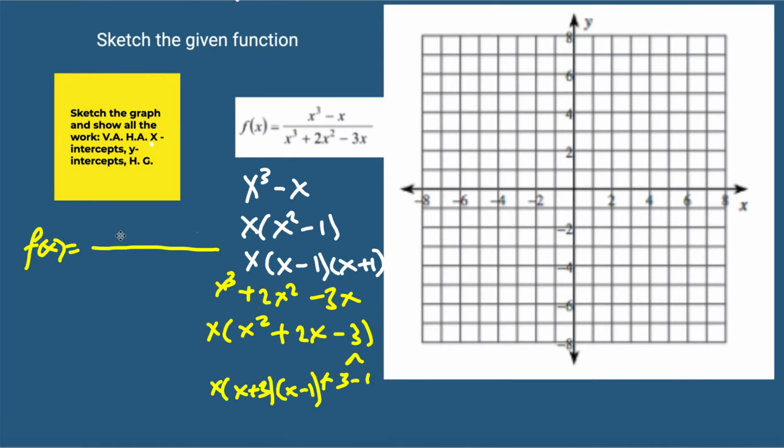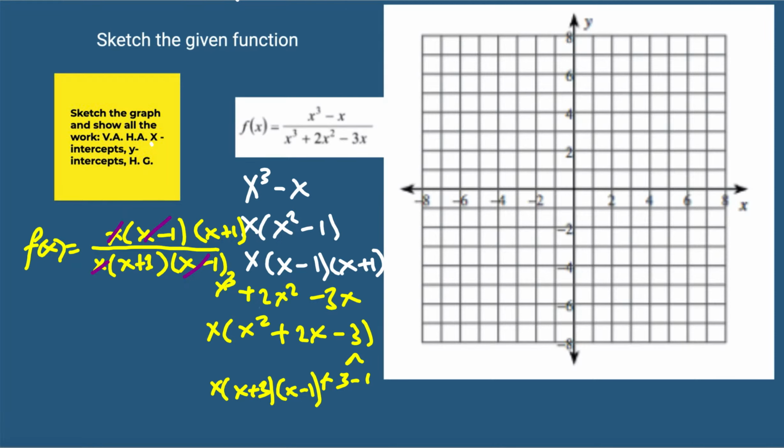This can be x times x minus 1 times x plus 1 for the numerator. And down we can write these factors here: x times x plus 3 times x minus 1. And now we can simplify x minus 1 with x minus 1 and x with x.